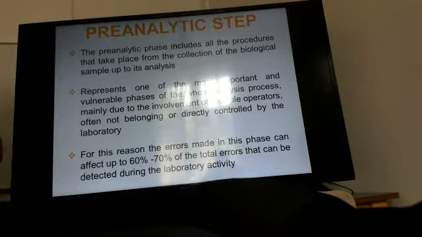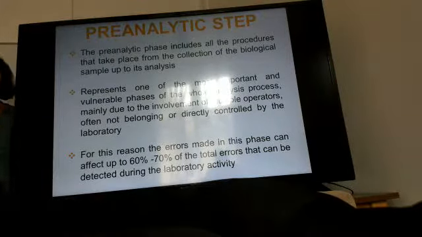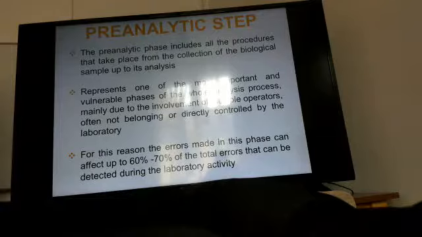So I told you that the pre-analytic step, even if it's a basic procedure and is routinely carried out on several patients and several samples, is the main source of variability in a test. So to be sure that you can compare the results obtained in the same subject on different days, or in different subjects analyzed on the same day, you have to be sure that everything occurring in this step is carefully standardized.